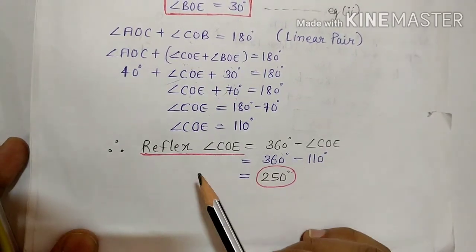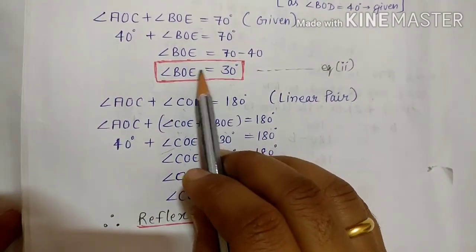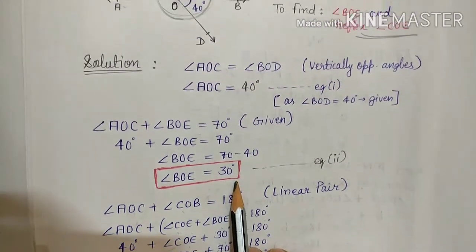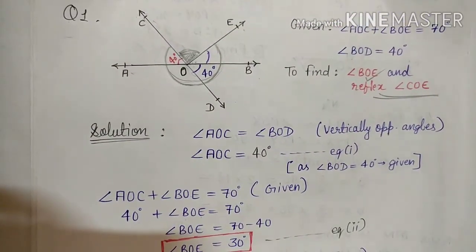So in this way we have found reflex angle COE and angle BOE by using the linear pair and vertically opposite angle properties.